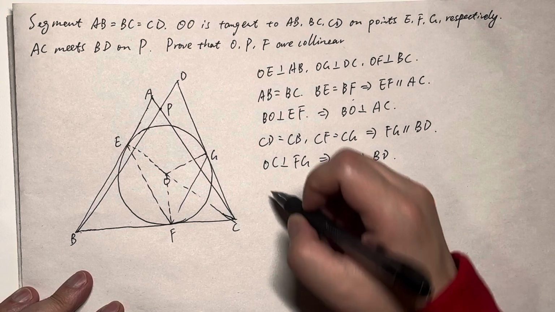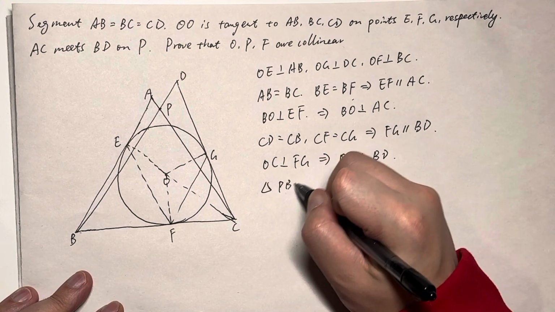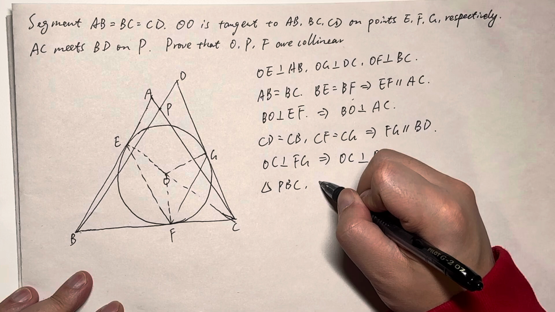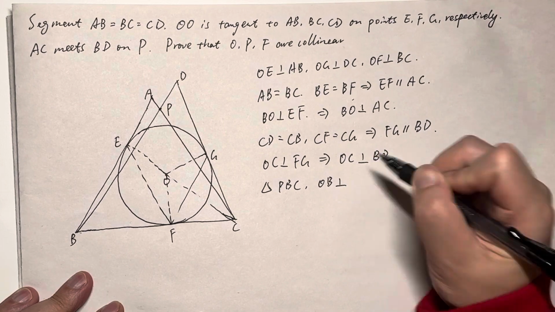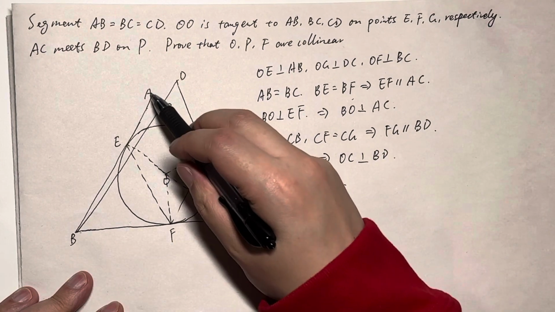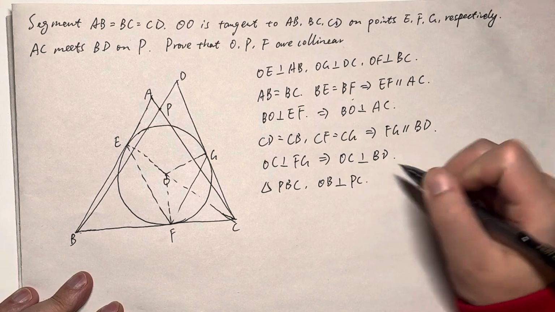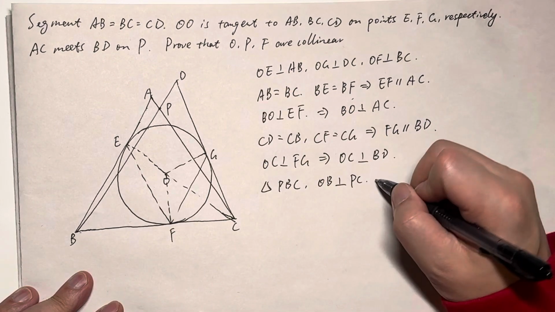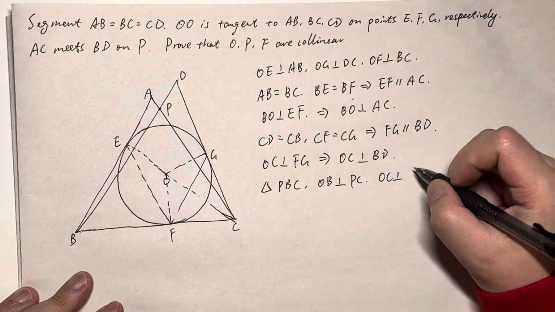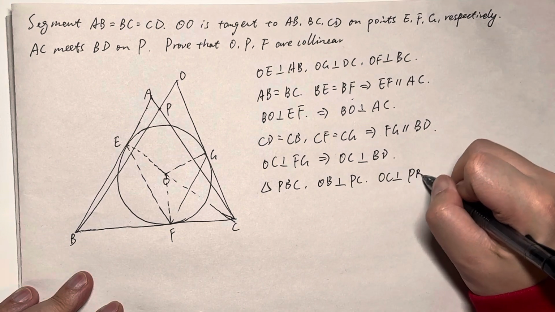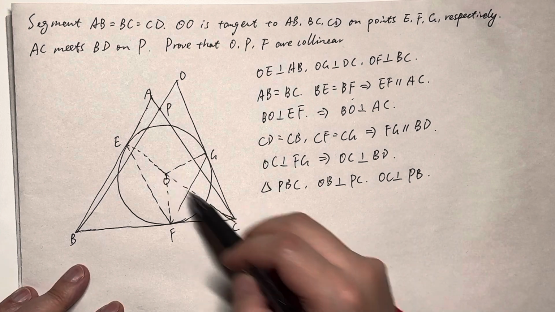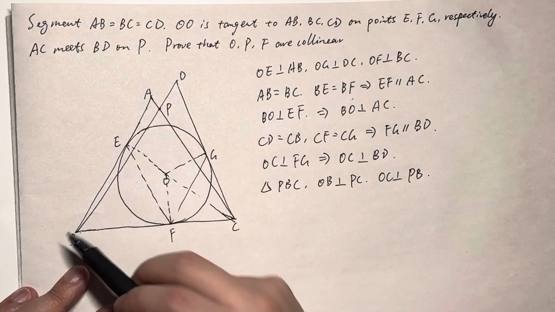So look at triangle PBC. In triangle PBC, we have OB perpendicular to AC, which is PC, right? And OC is perpendicular to BD, which is PD. Right, OC is perpendicular to PB.